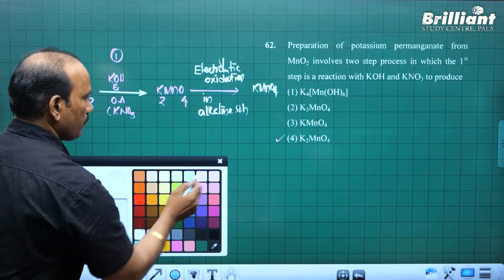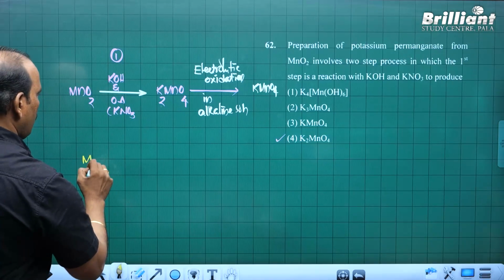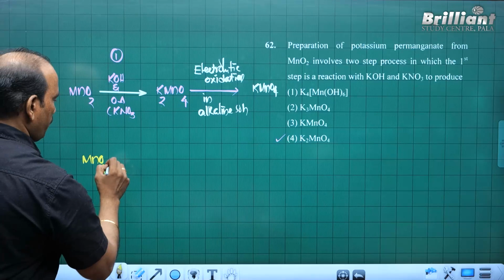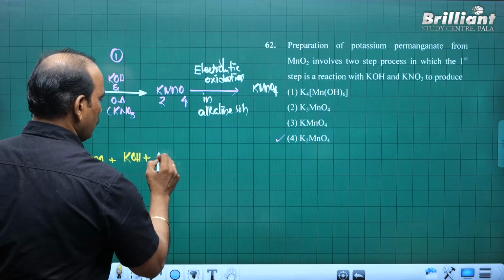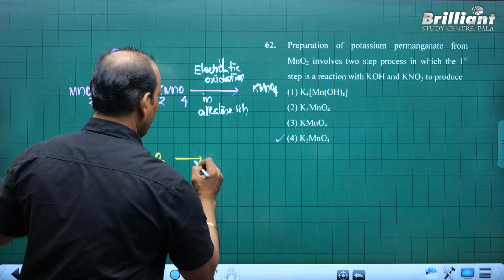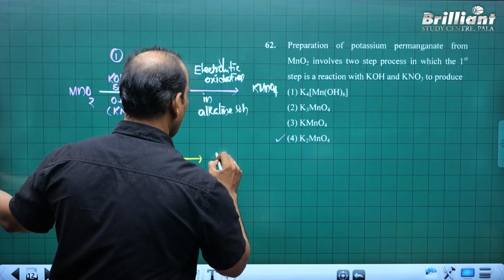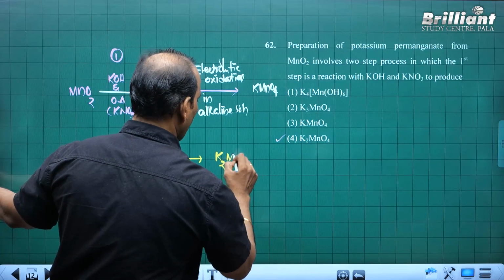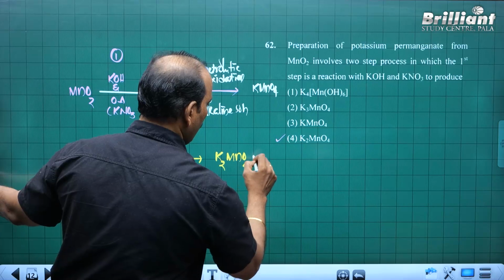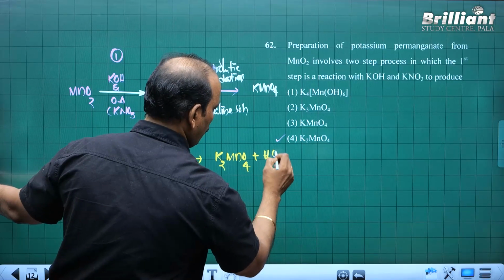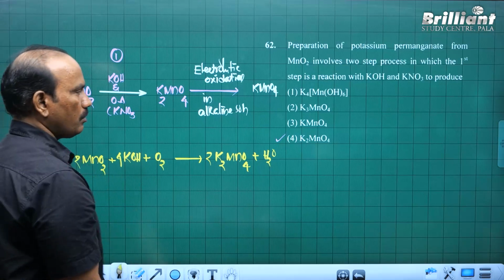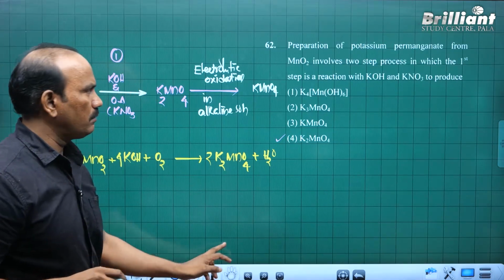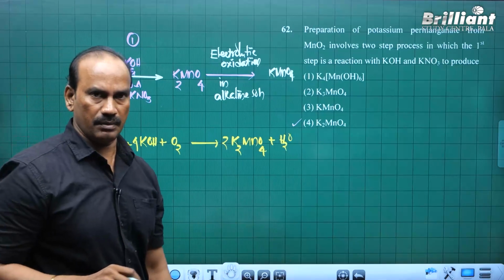Now here, MnO2 plus KOH and O2 is strongly heated, then K2MnO4 plus H2O. Here the 2 is a 4. This is direct from NCERT.